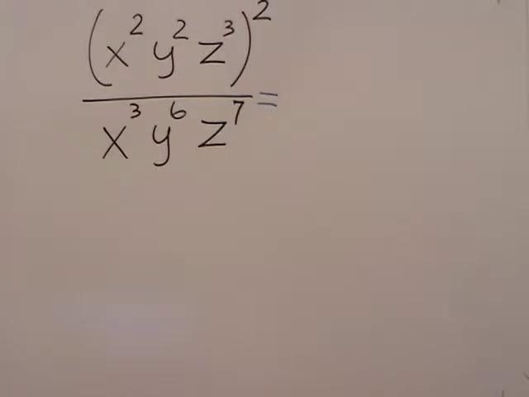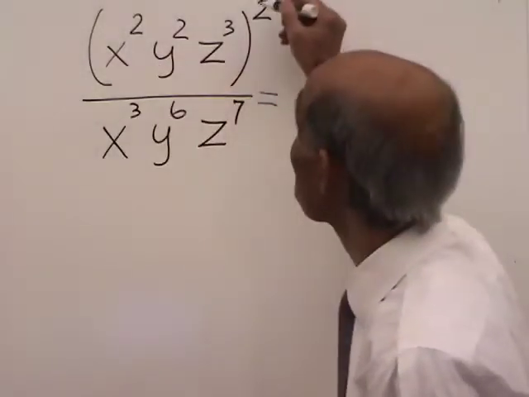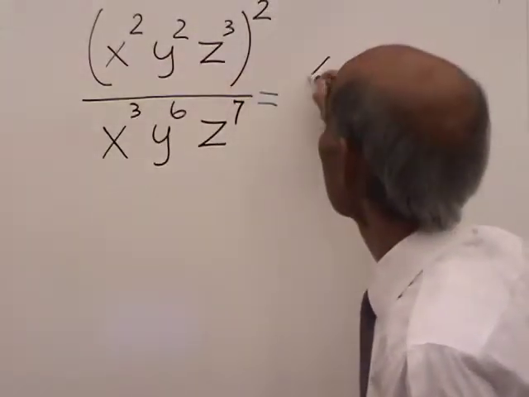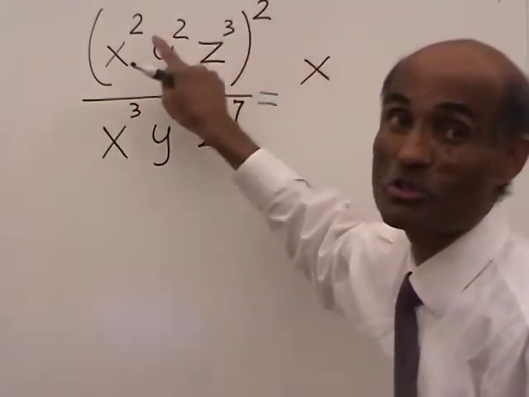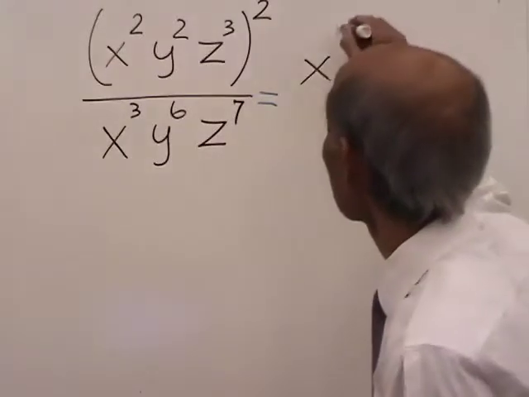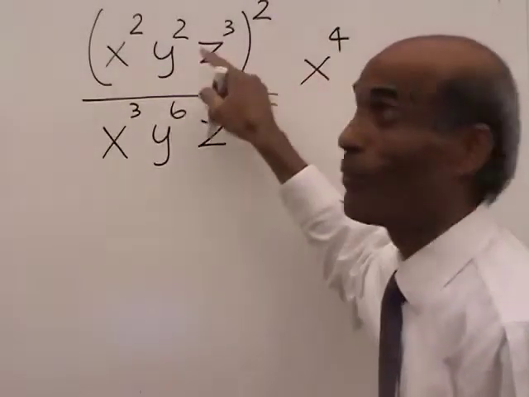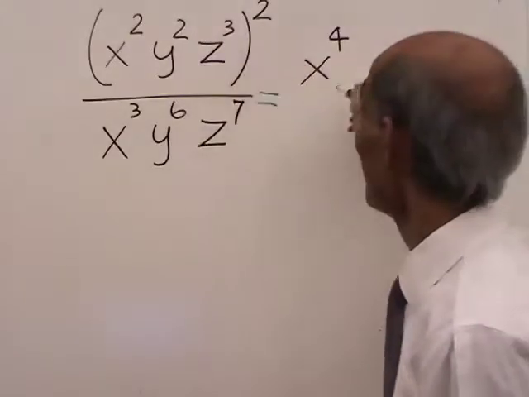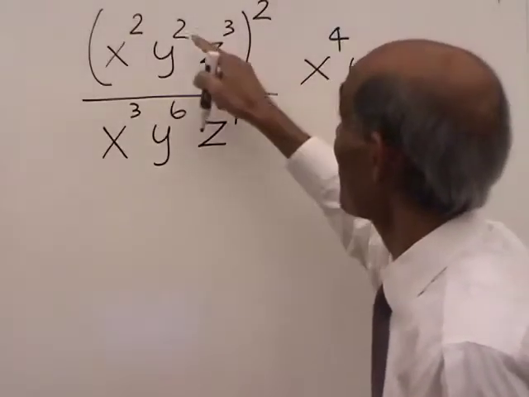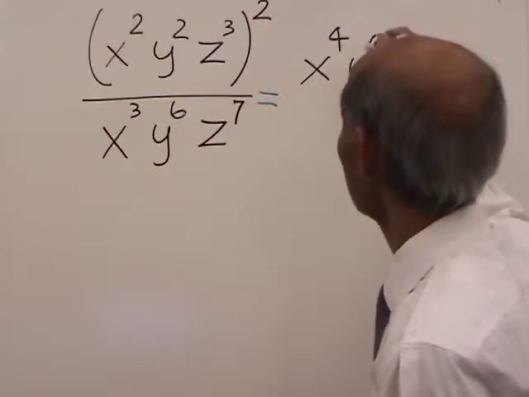X to the power of 2 raised to the power of 2 becomes x to the power of 2 multiplied by 2. This is the power rule we use. That will be x to the power of 4. Y to the power of 2 raised to the power of 2 is y to the power of 2 times 2.